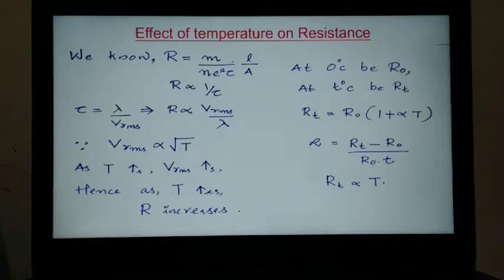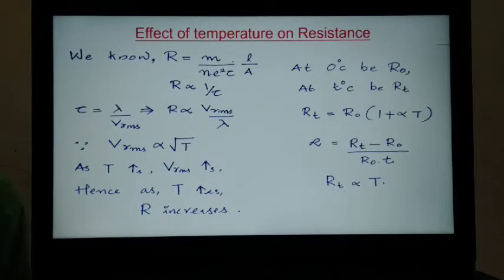If the time between two successive collisions increases, it means more time is required between two collisions, which means the number of collisions is less. If the number of collisions is less, less hindrance is offered, which means resistance will be less.